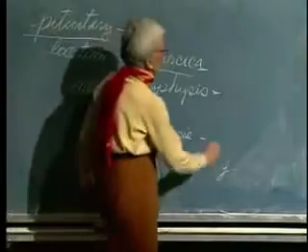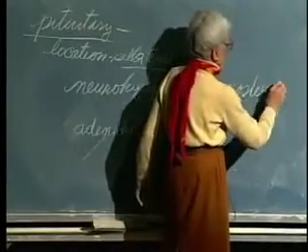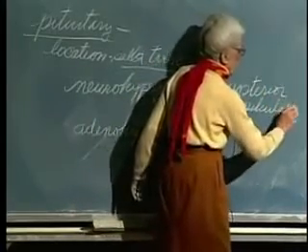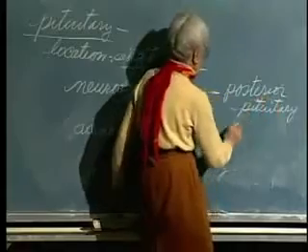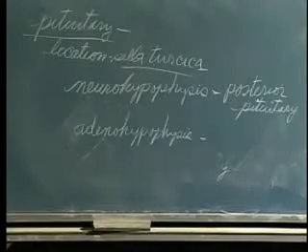The neural hypophysis is the posterior pituitary. And the adenohypophysis is the anterior pituitary.